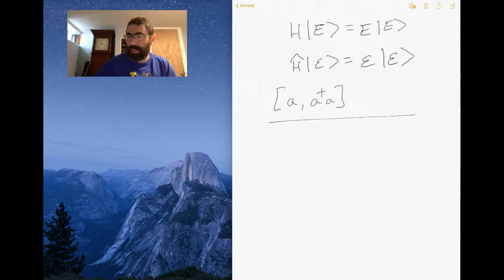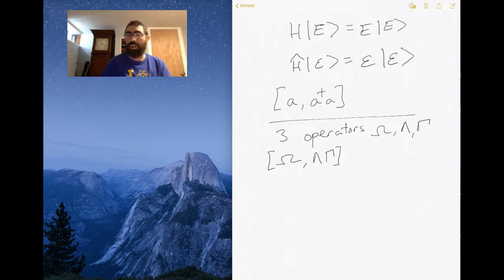So let's say that we have three operators, omega, lambda, and gamma. And I'd make the commutator of omega and the combination lambda gamma, which is really omega lambda gamma minus lambda gamma omega.